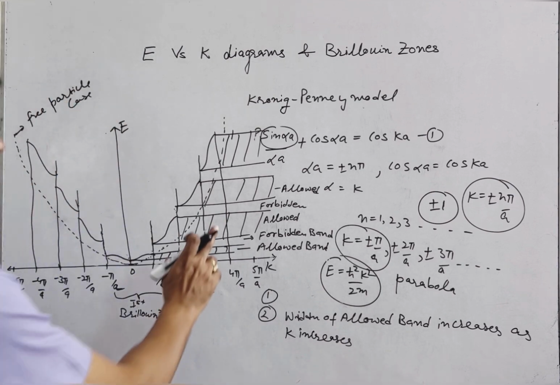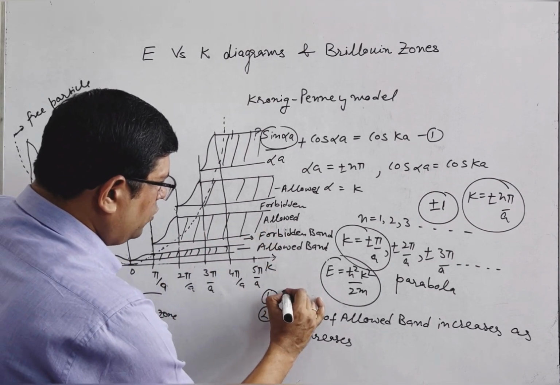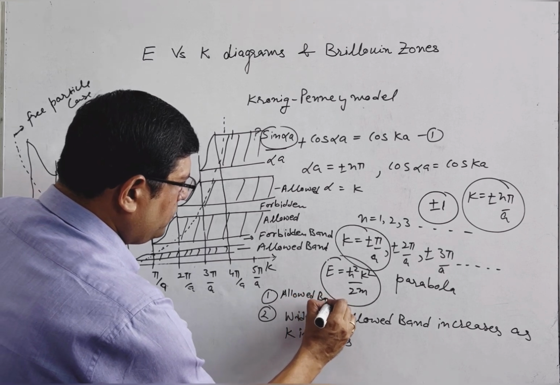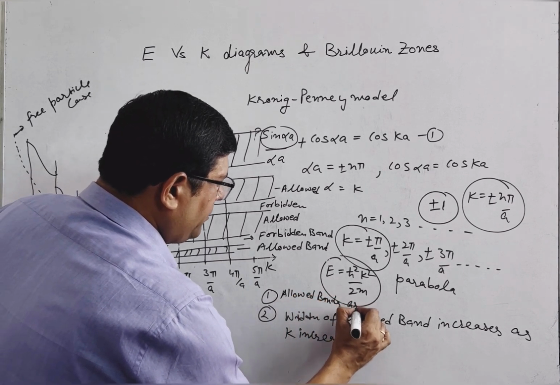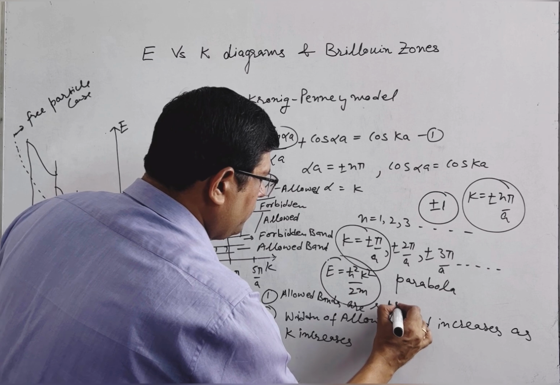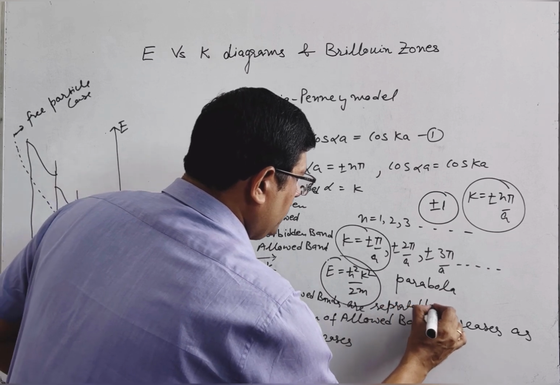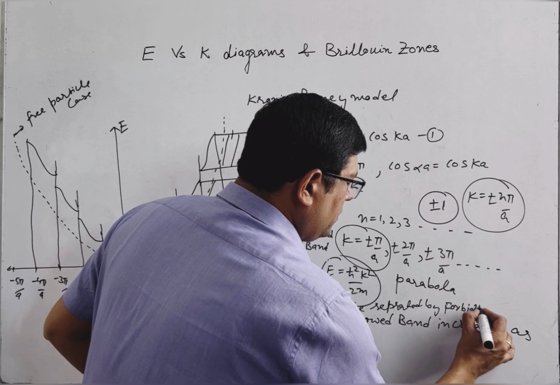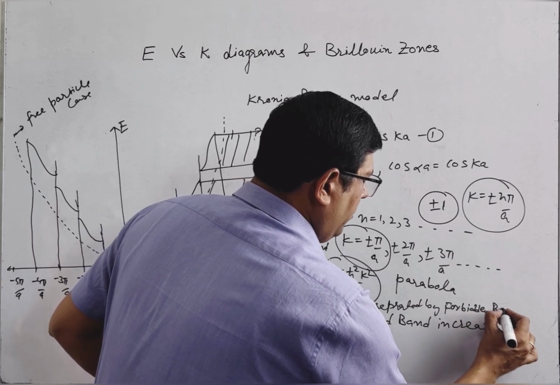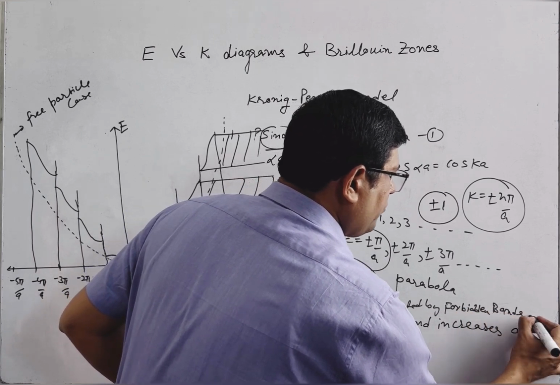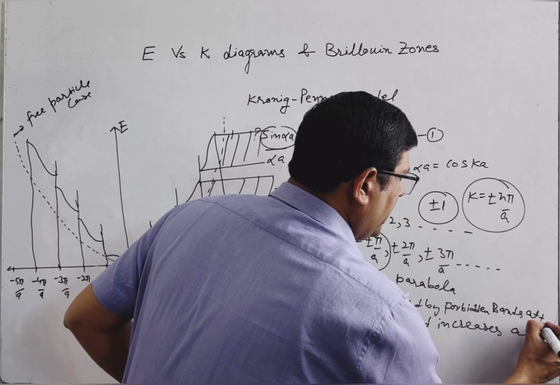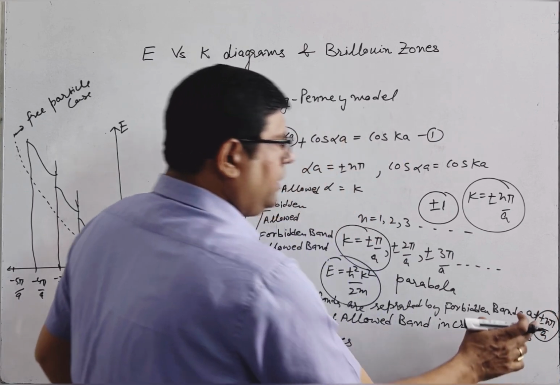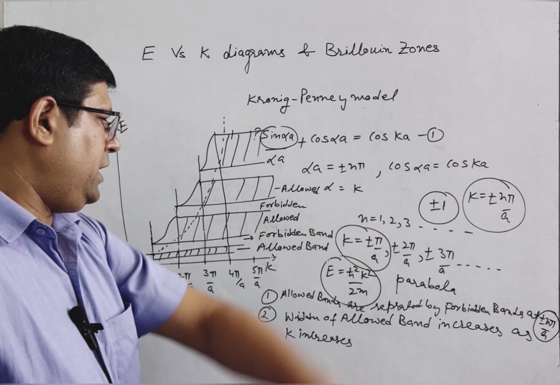First point was allowed bands are separated by forbidden bands at K equal to plus minus n pi by a, and here n can take values 1, 2, 3 and so on.